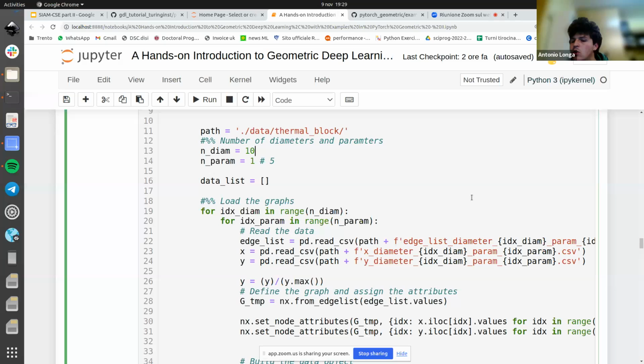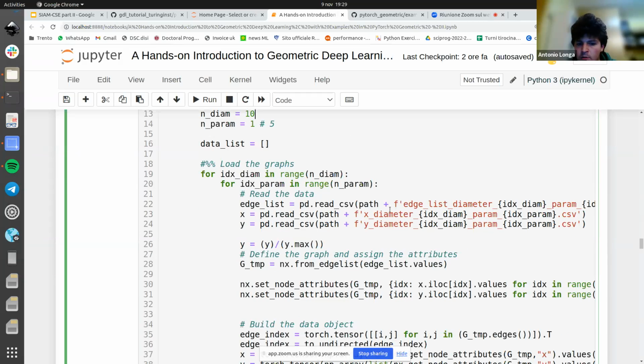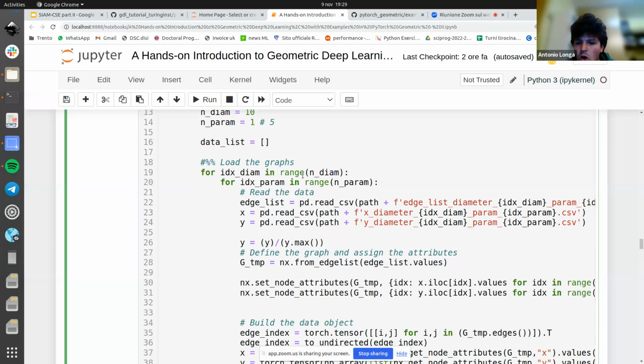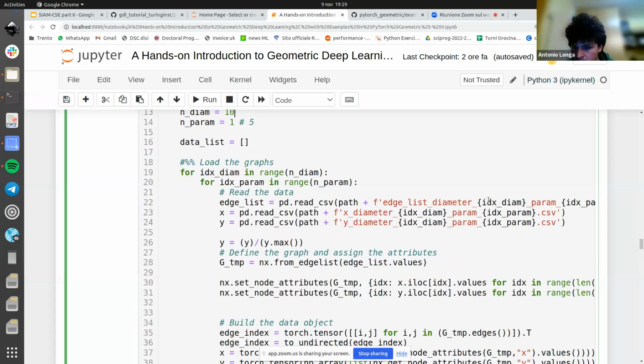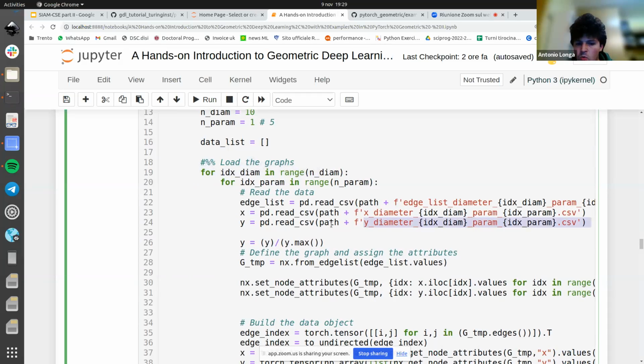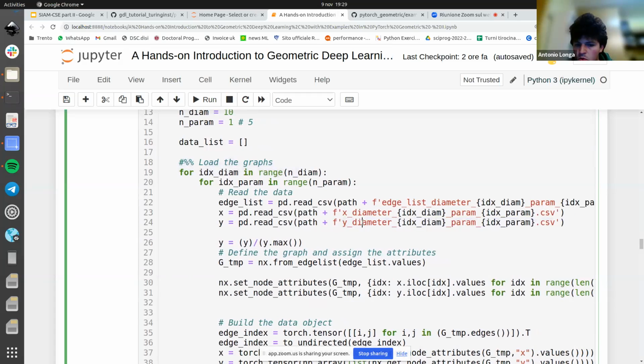But if you have your own data set, of course, those are parameters you choose. For instance, we are using the diameter and the parameter value only for reading the data using pandas.